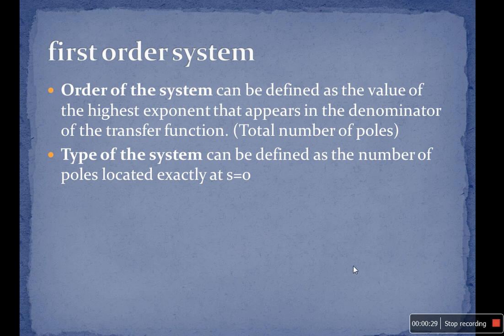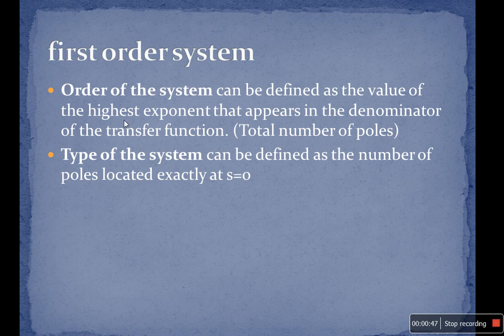That means if you take any transfer function, if you make the transfer function value equal to infinity, then you get the poles of the system. If you make the transfer function value equal to 0, then you get the zeros of the system.